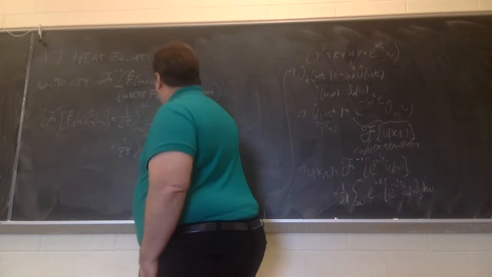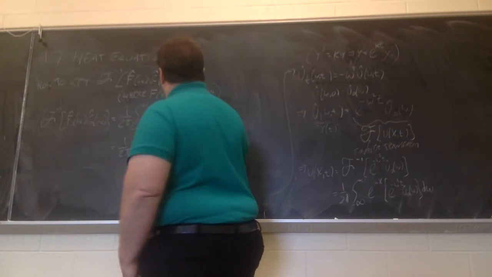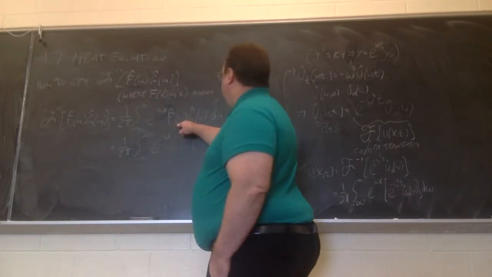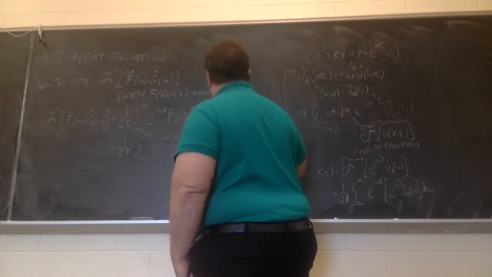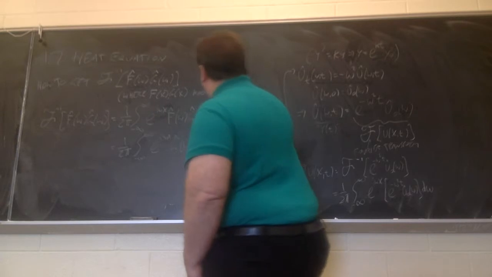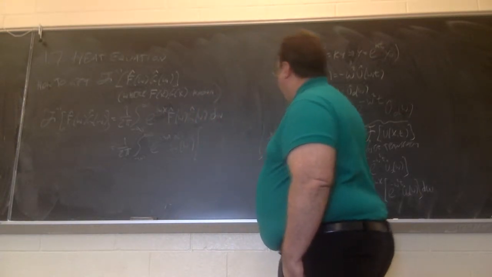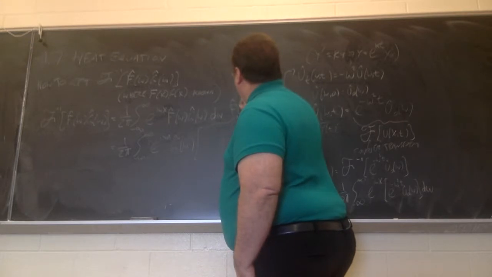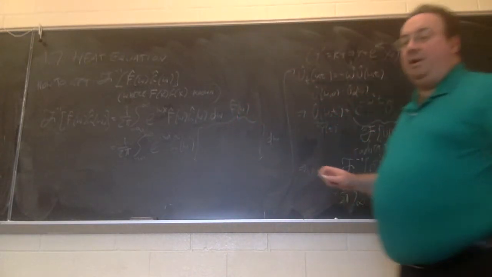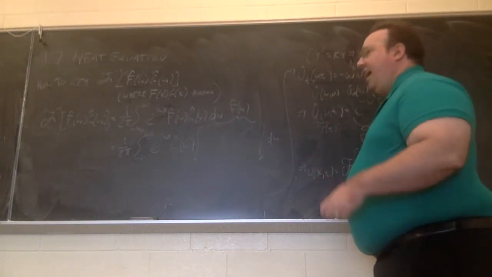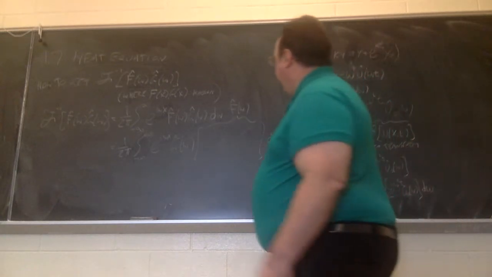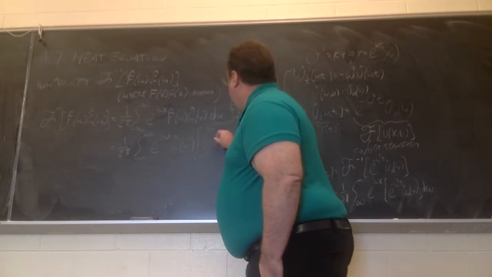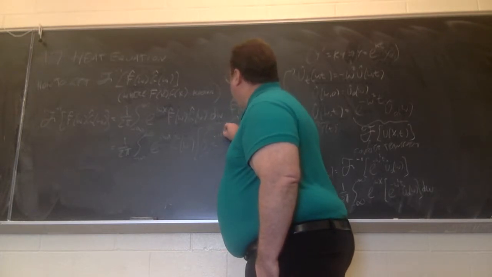So I still have this, and I still have this. But now I'm going to rewrite this in terms of the Fourier transform. So I still have this d omega on the outside. And I'm going to fill in the definition of f hat of omega in there. I had it written on the board earlier, but I erased it. So let's see. Integral minus infinity to infinity e to the minus i omega.